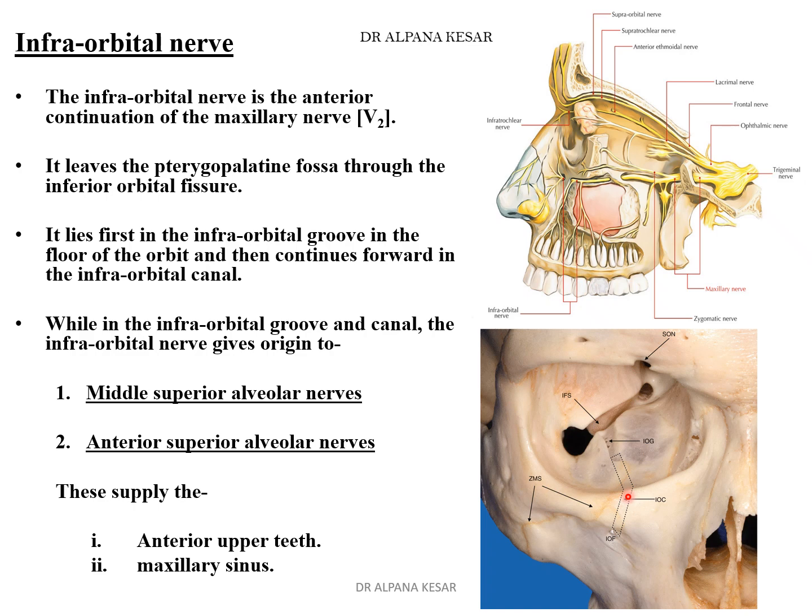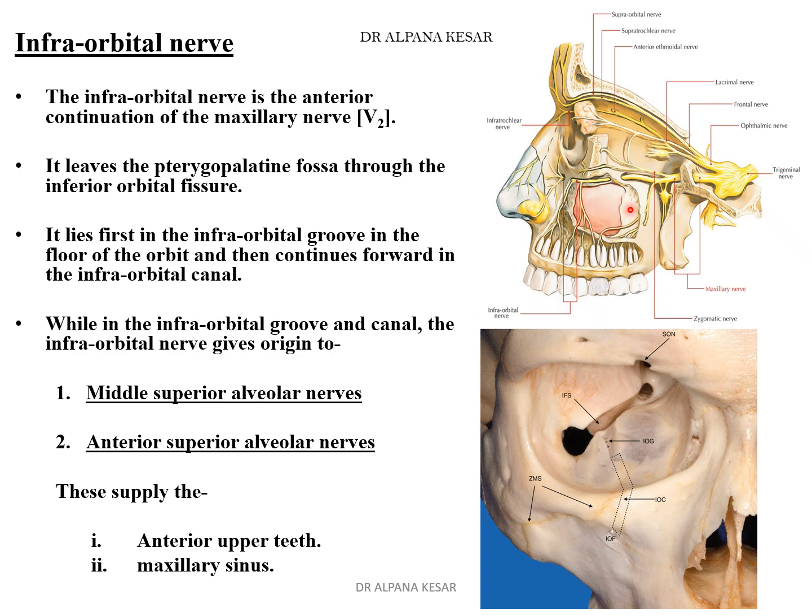In the infraorbital canal, the infraorbital nerve gives two branches: middle superior alveolar nerve and anterior superior alveolar nerves. Through these two branches, the infraorbital nerve supplies the anterior upper teeth, that is, incisors, canines, and premolars.